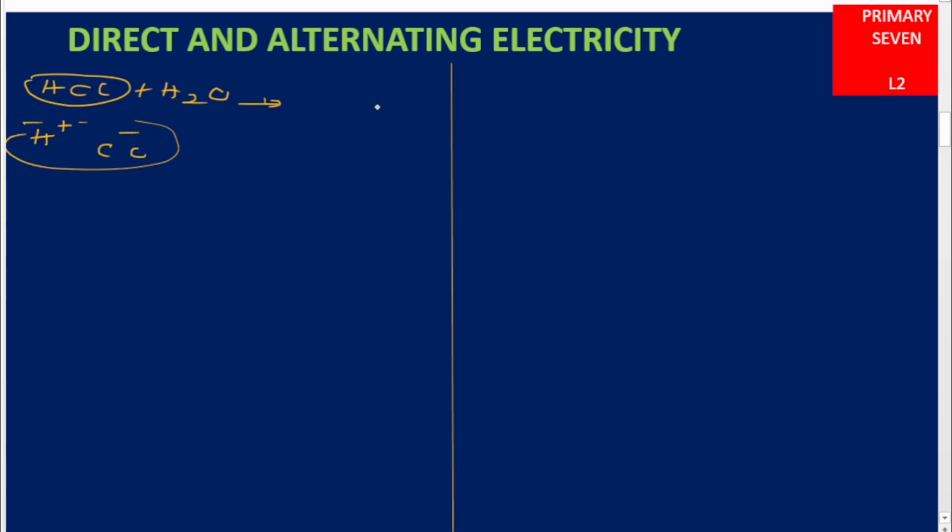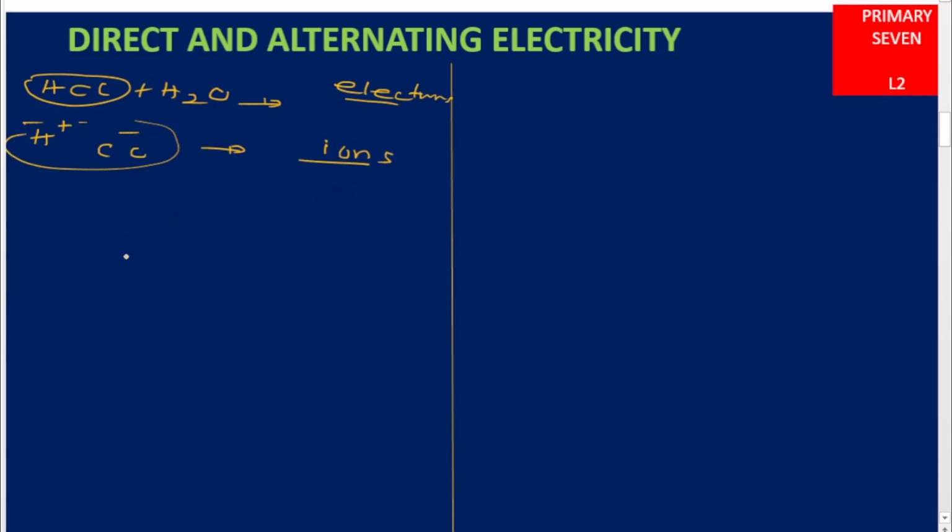In a conductor, the particles that carry current we don't call ions, we call them electrons. But the particles that carry current within the solution of an electrolyte, we are going to call them ions.